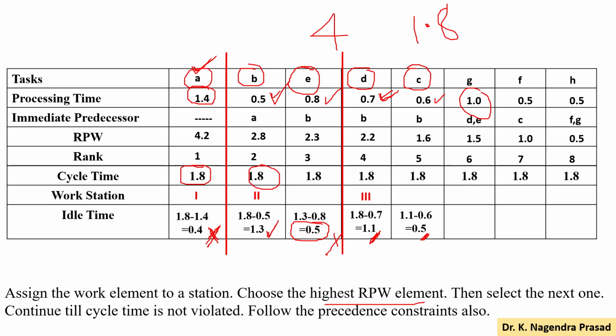So in this regard, we can't add the task G. If we close the tasks D and C with workstation 3, then we have to start the next station, that is the fourth station, along with G, F, H. But here the total processing time for these three elements is 2, but the remaining cycle time is only 1.8.